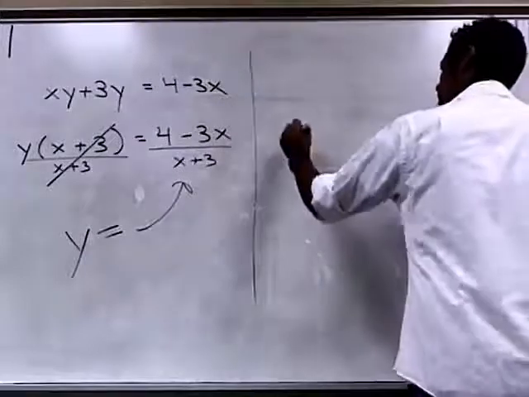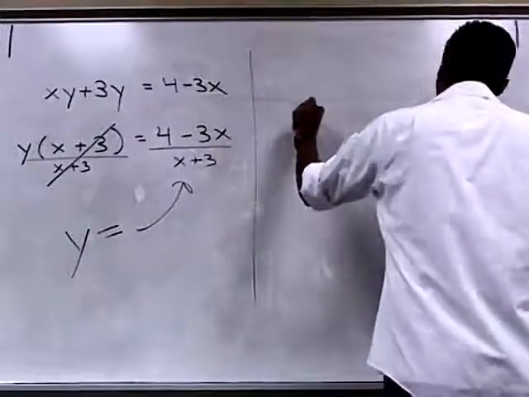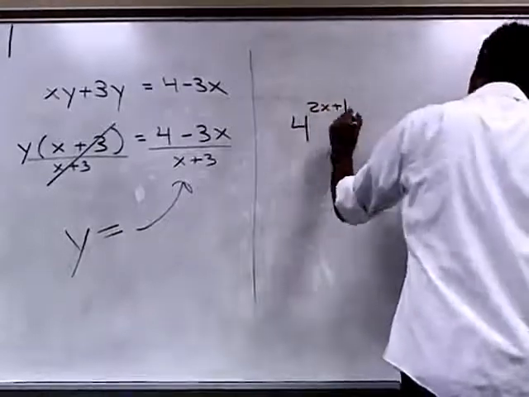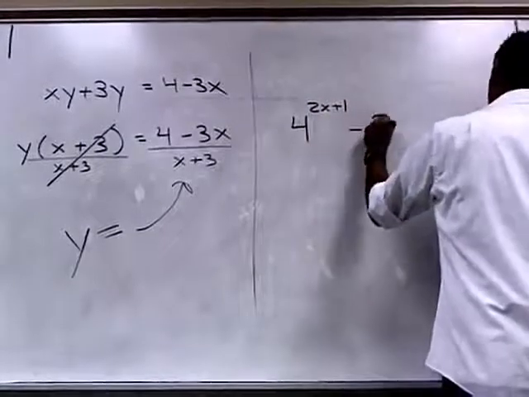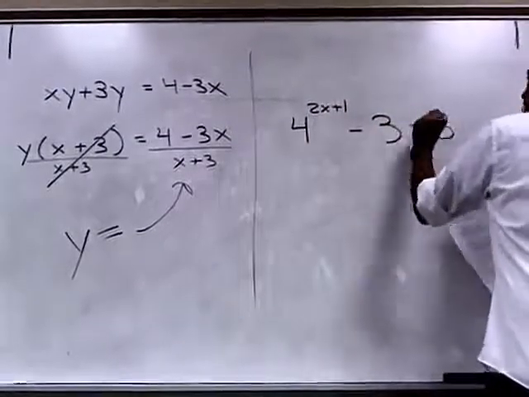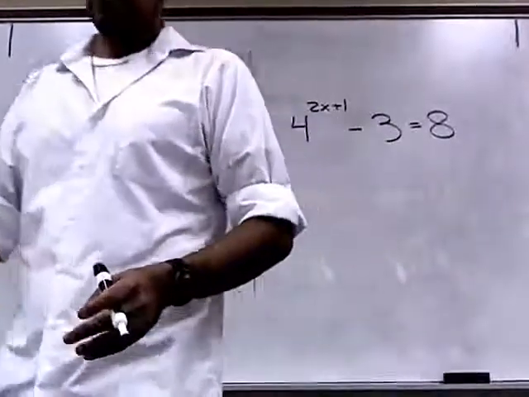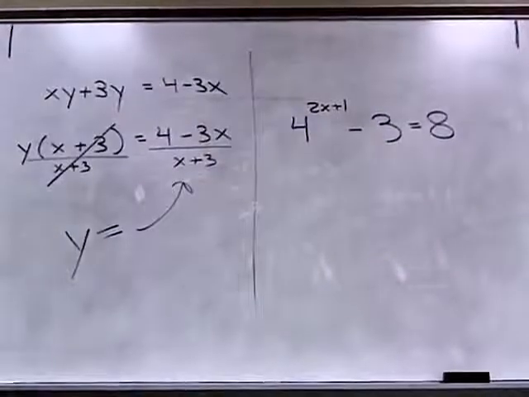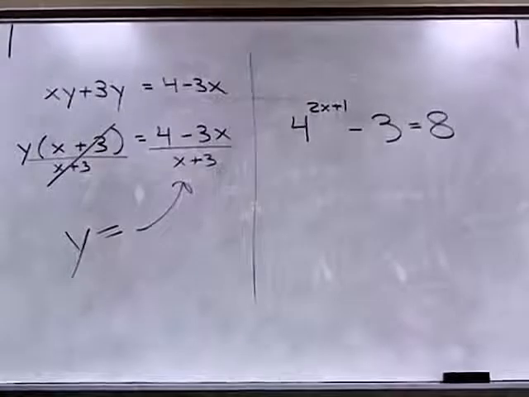Number 12? 4 raised to the 2x plus 1 minus 3 equals 8. This is an exponential equation.